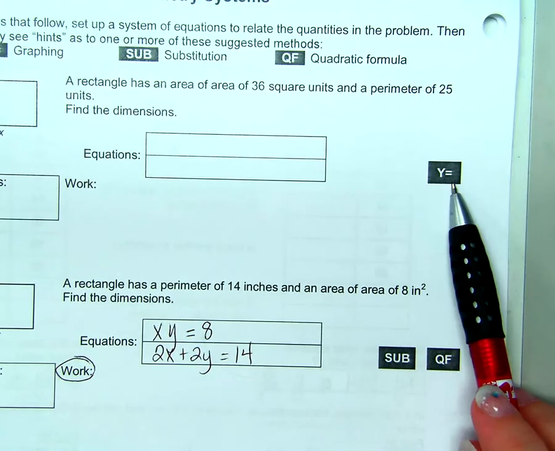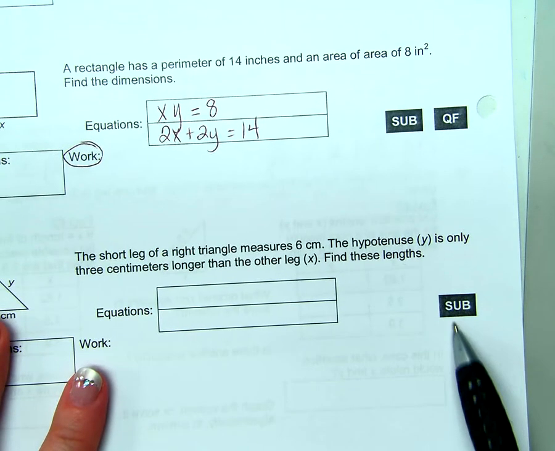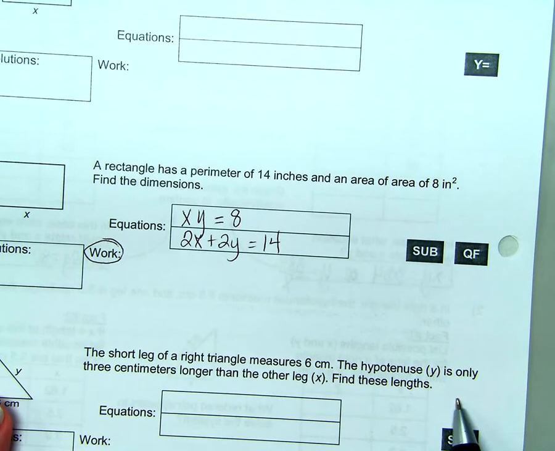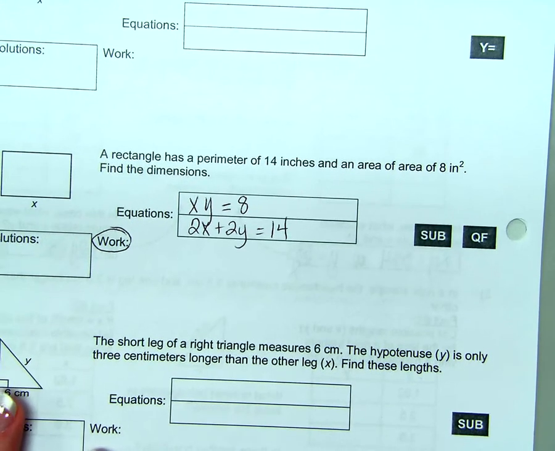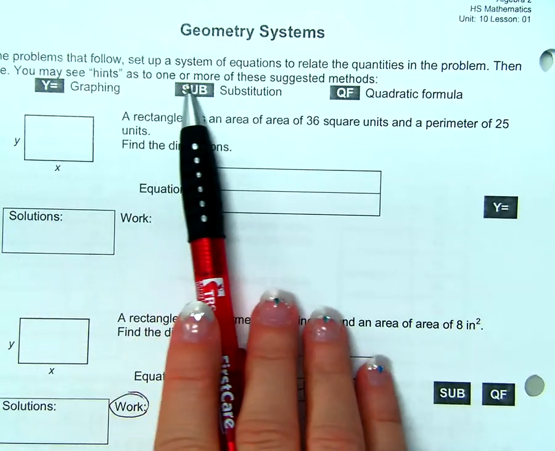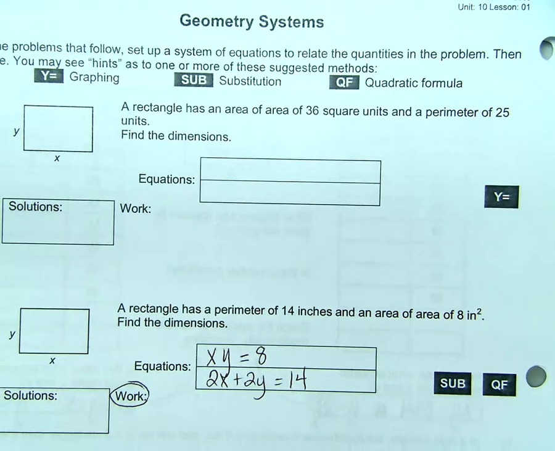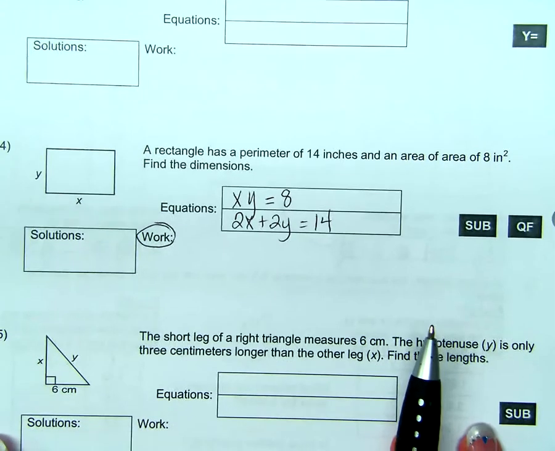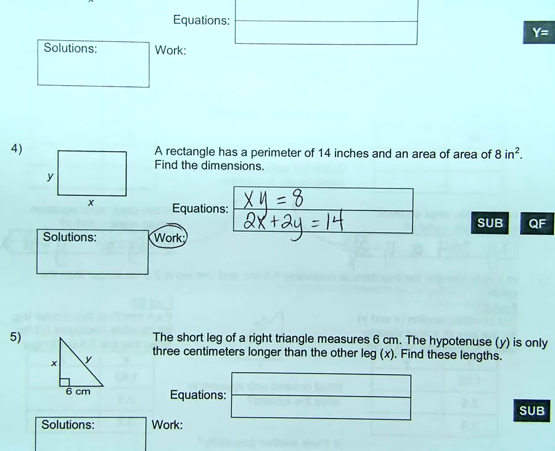See how this one says maybe you should try graphing it. See how this one says maybe you should try substitution. That's not required. That's a hint. You may see hints about using those suggested methods, but if you're more comfortable using another one, that doesn't bother me. Okay?